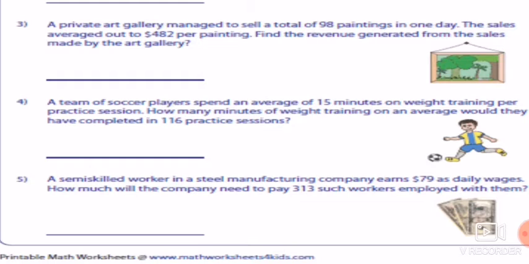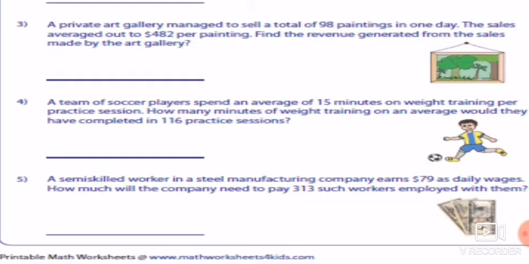A semi-skilled worker in a steel manufacturing company earned $79 as daily wages. Now how much will the company need to pay 313 such workers employed with them? So 313 will be multiplied by 79.